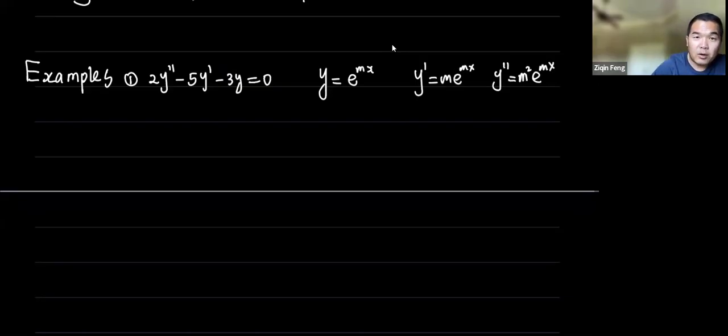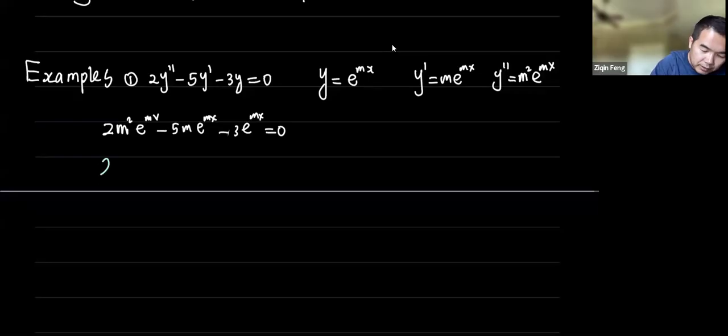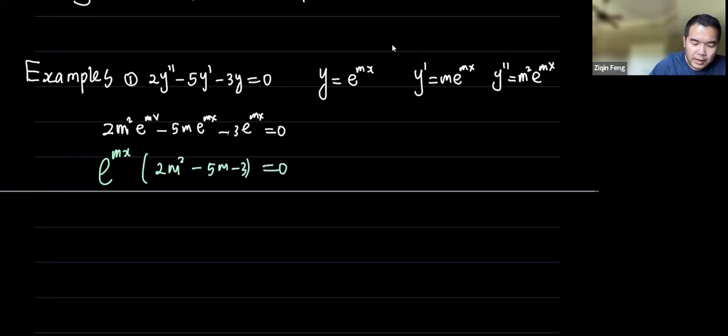We plug that into our equation, and you get 2m squared e to mx minus 5m e to mx minus 3 e to mx equal to 0. The common factor is e to mx, and because that factor never equals 0, this equation holds if and only if 2m squared minus 5m minus 3 equal to 0.